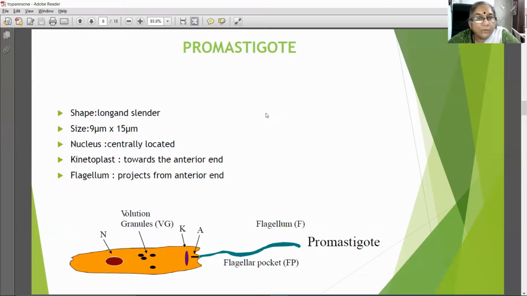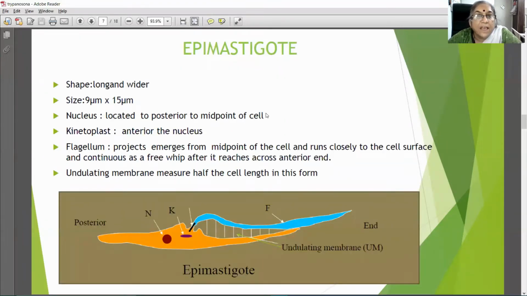It may have polymetaphosphate granules. From here you can see the axoneme inside, kinetoplast, granules, nucleus, flagellum, and flagellar pocket. This is how the promastigote form is presented.